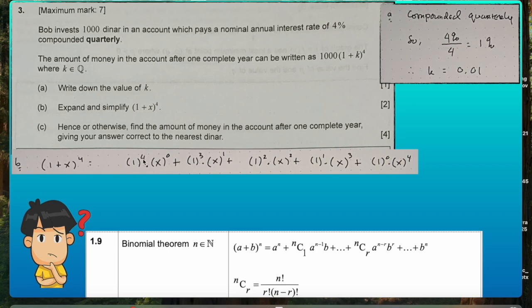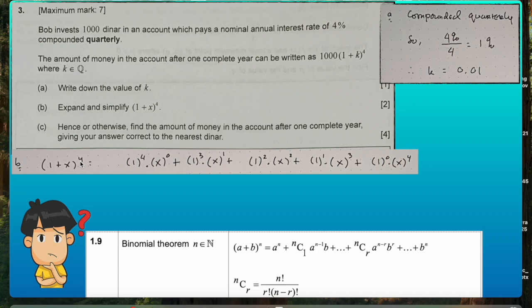So we have power of 4, 3, 2, 1, 0. And for this power 0, this increases as we go to the right. So we have 0, 1, 2, 3, 4. And the total power for each term is equal to the given power 4.